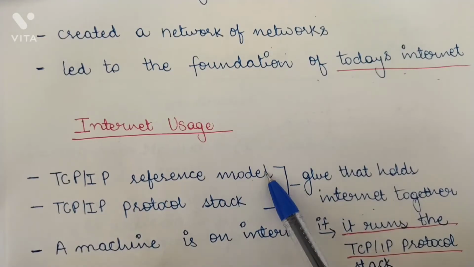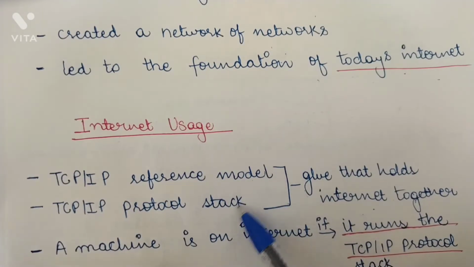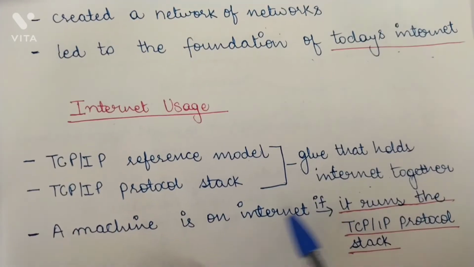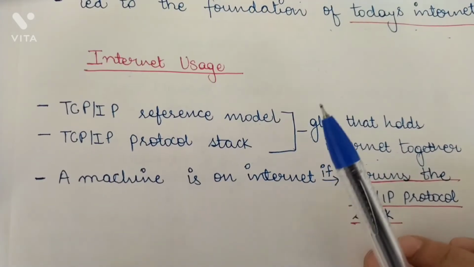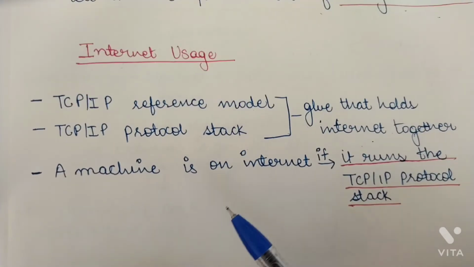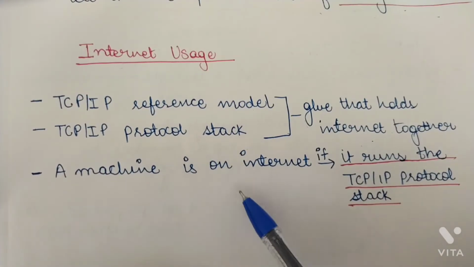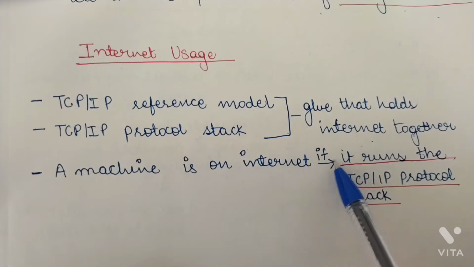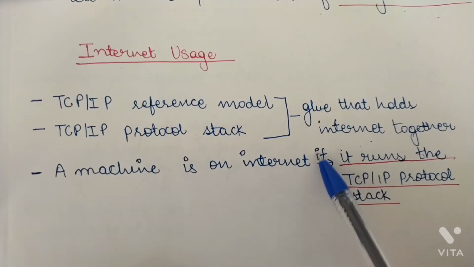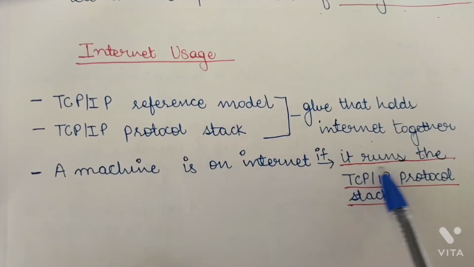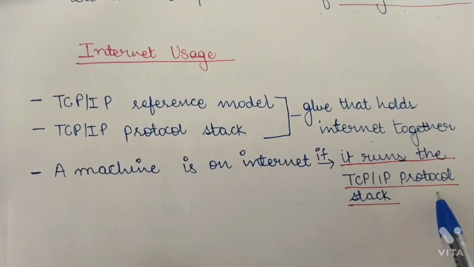So the TCP/IP reference model and most importantly the TCP/IP protocol stack are the two important components that hold even today's internet together. A machine can be considered to be on internet, this is very important, if it runs the TCP/IP protocol stack.